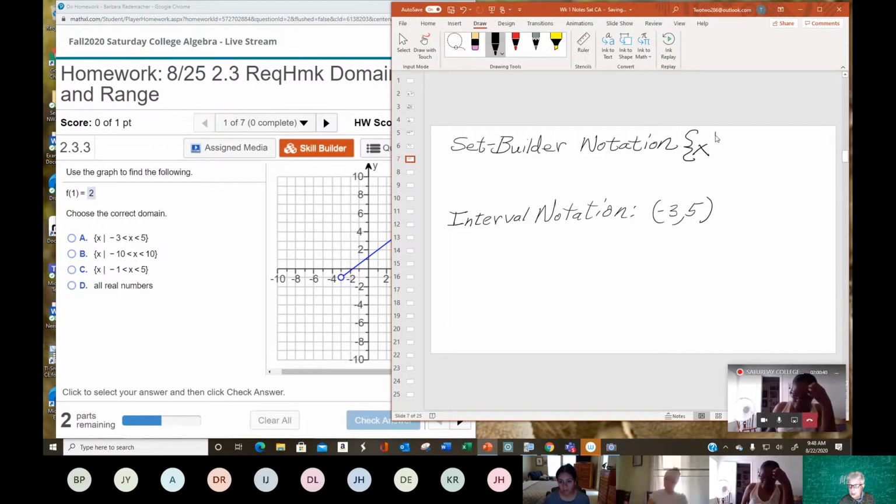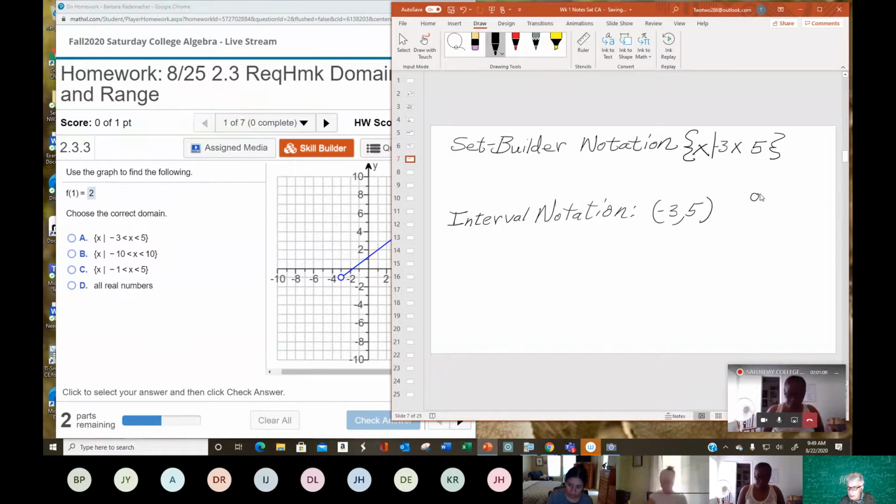This says we're dealing with domain. We're on the x-axis. And then we describe what the x's are that we're talking about, namely that we've got -3 on the left and +5 on the right, and x is between them.